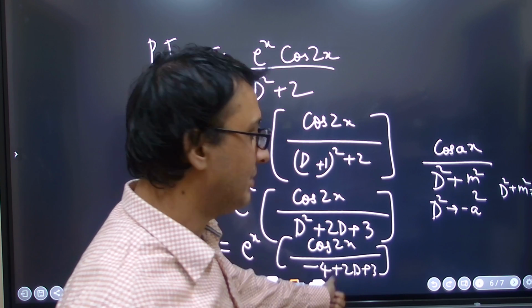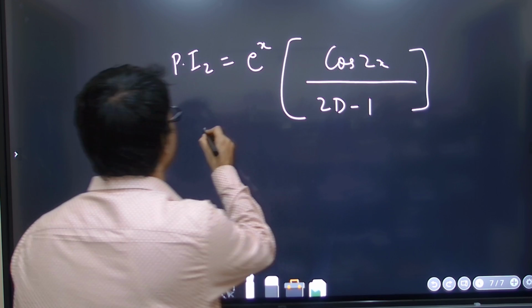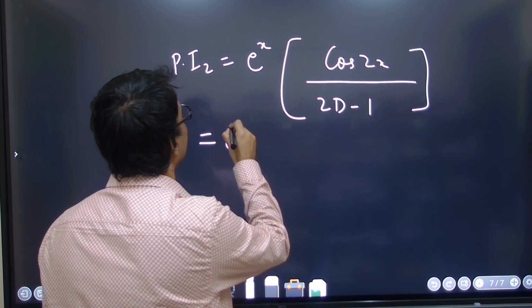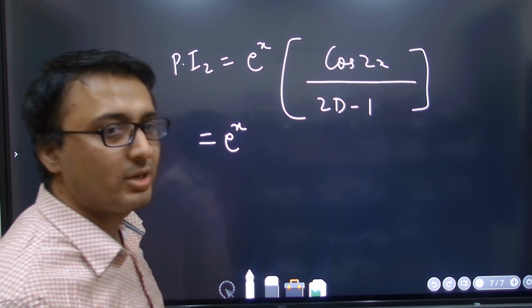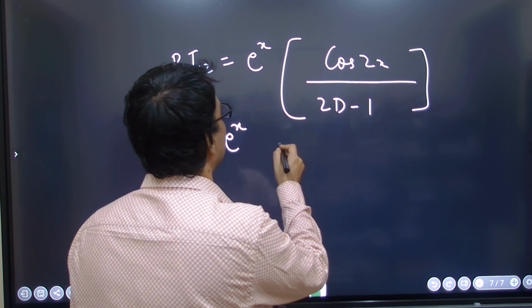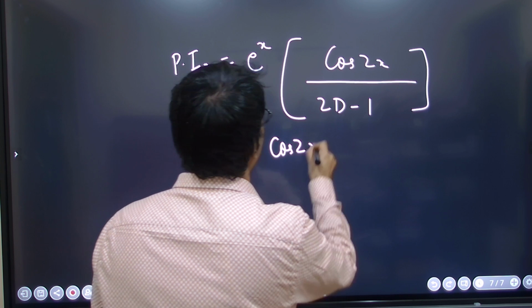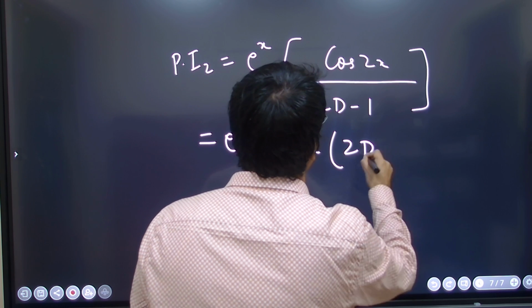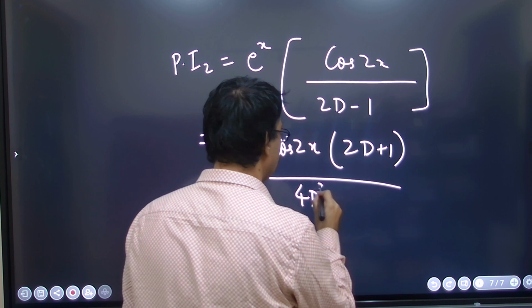So it is 2D minus 1 indeed. So we can further write it down. And now this needs a rationalization. So we can multiply this by 2D plus 1 upon 4D square minus 1.